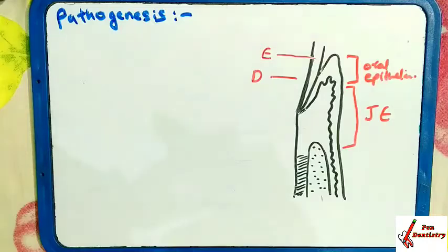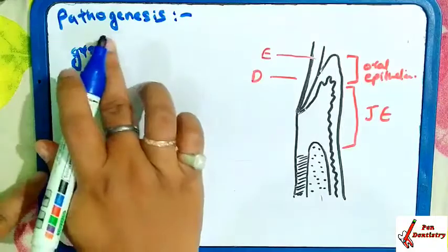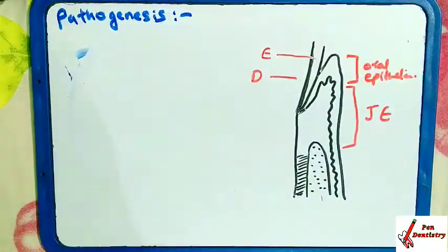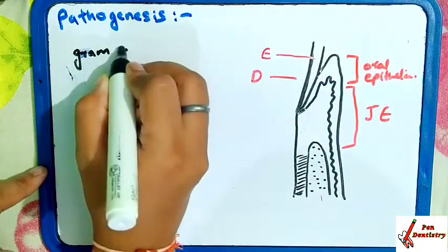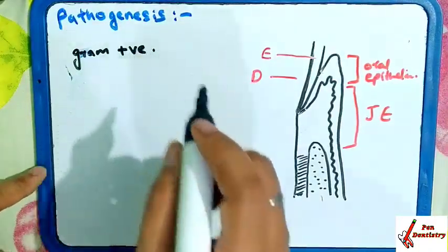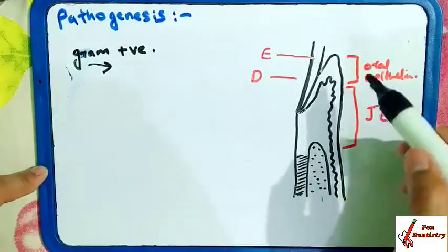Now, where does pocket formation start? It starts from the gram positive bacteria over the supragingival tooth.